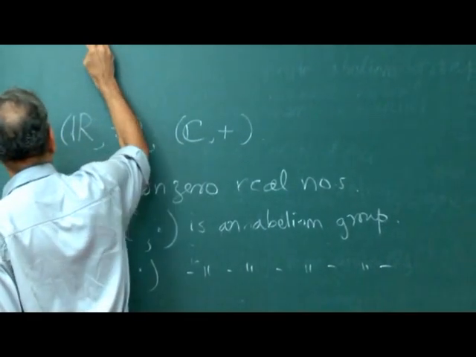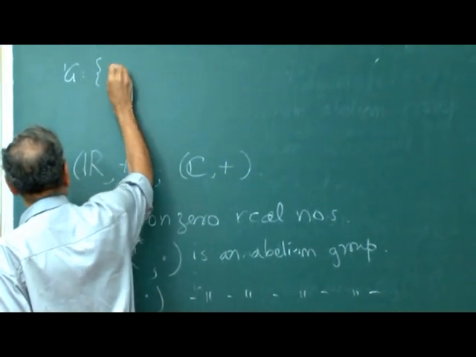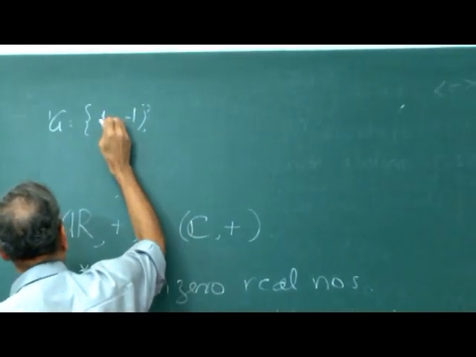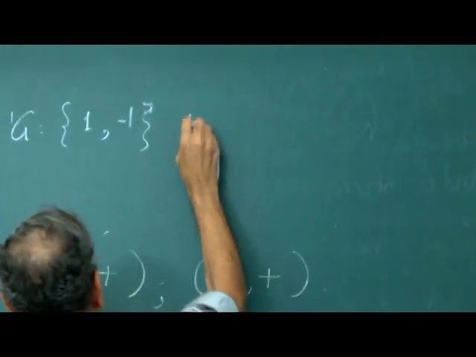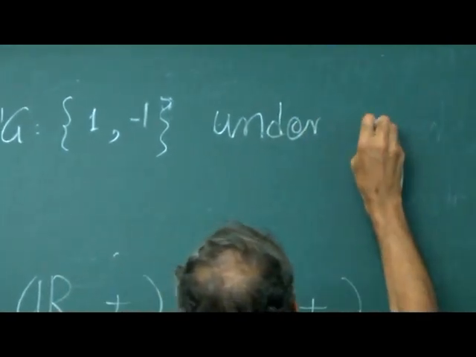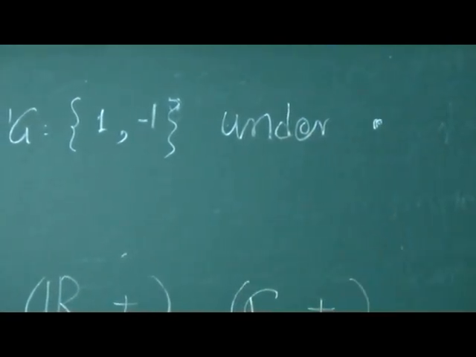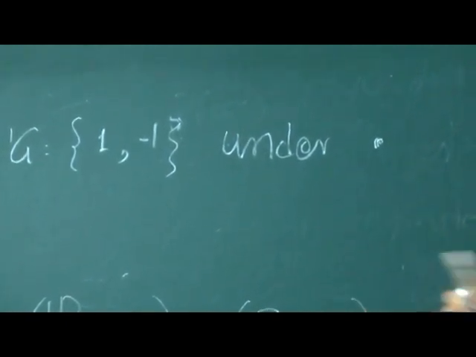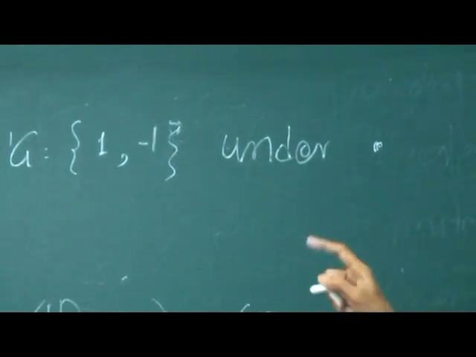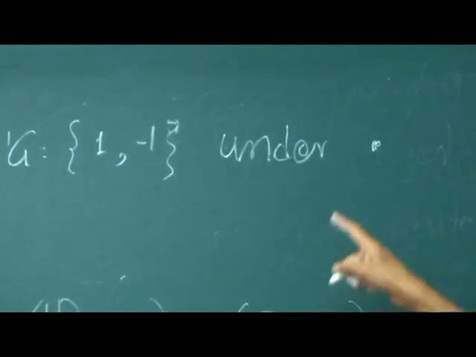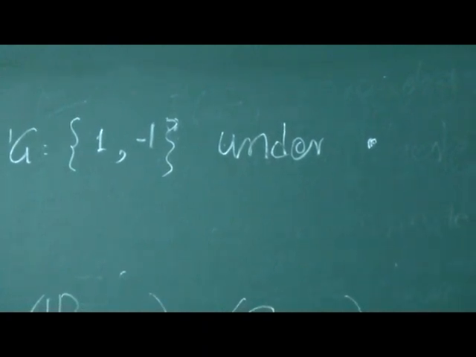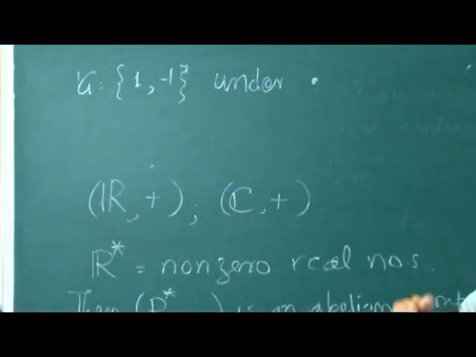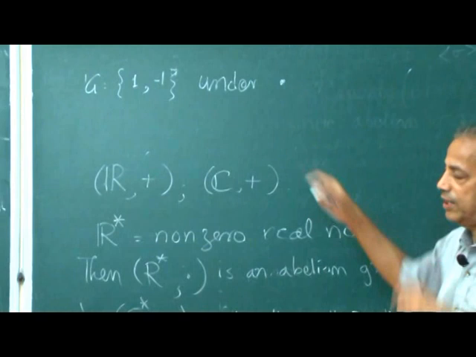Let us consider the set G as {1, minus 1} under multiplication. You can see 1 times 1 is 1, 1 times minus 1 is minus 1, minus 1 times 1 is minus 1, and minus 1 times minus 1 is 1. So, this is closed under product. 1 is the identity, the inverse of minus 1 is minus 1, the inverse of 1 is 1. It is associative very easily, because Z is associative.